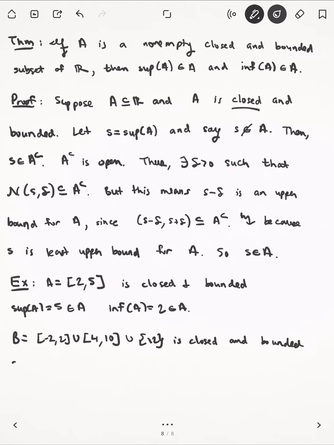And notice the supremum of B equals 12, which is an element of B, and the infimum of B equals minus 2, which is an element of B.